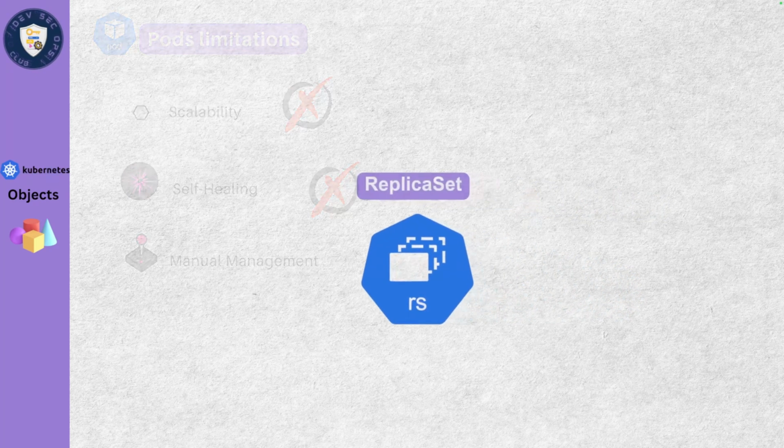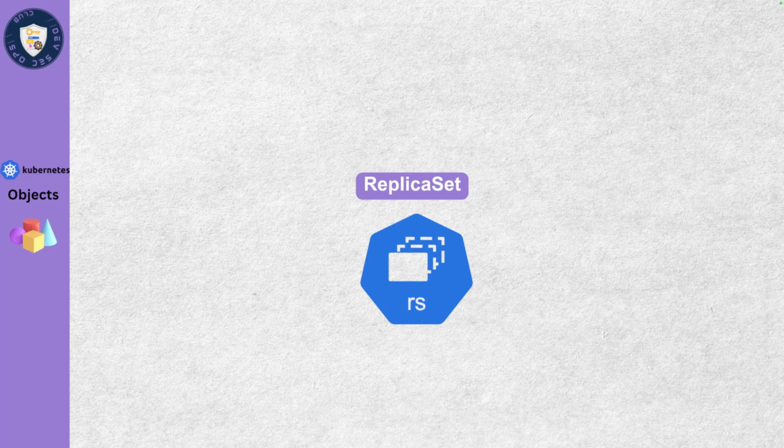So ReplicaSets ensure that a specified number of pod replicas are running at any given time. When in our YAML file we define the number of replicas, the ReplicaSet always maintains the desired state.